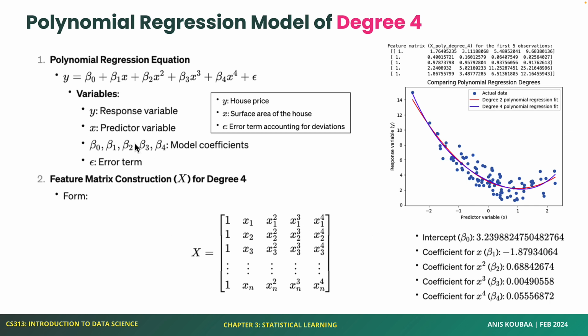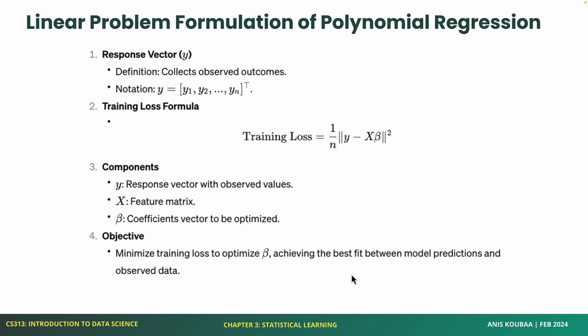And now we would like to find the vector beta that's going to produce the closest value to the output y1. And how to make sure about this? We're going to define the training loss as the average over all the observations, comparing with all the predictions.